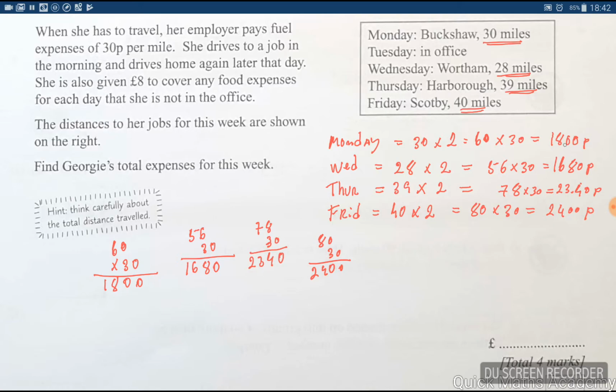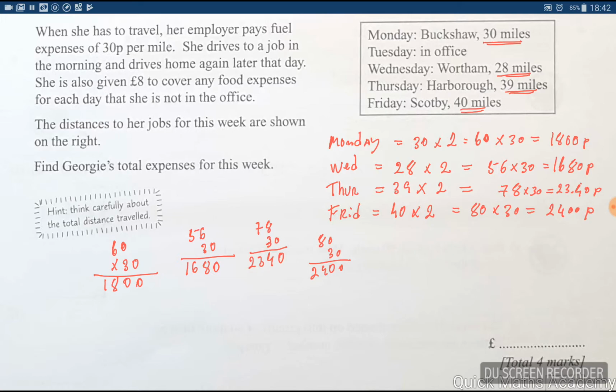Okay, so we have 18 pounds, 16 pounds 80, 23 pounds 40, and 24 pounds. But those are the expenses on fuel.